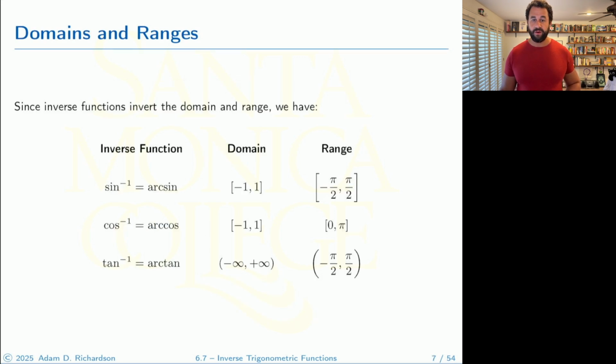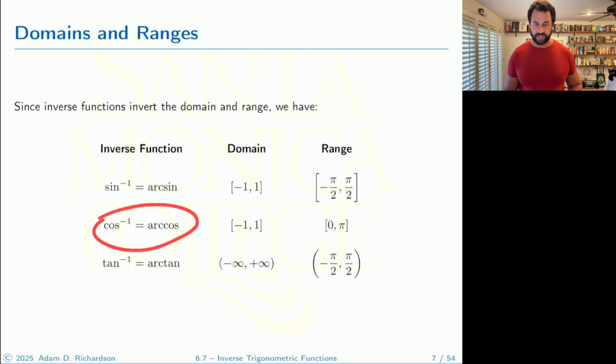Now, because inverse functions invert the domain and range, we have this result for the inverse functions. We're going to talk about each one of these in just a minute, but sine inverse, otherwise known as arcsine, has domain -1 to 1 and range -pi/2 to pi/2. They've just been switched, right?